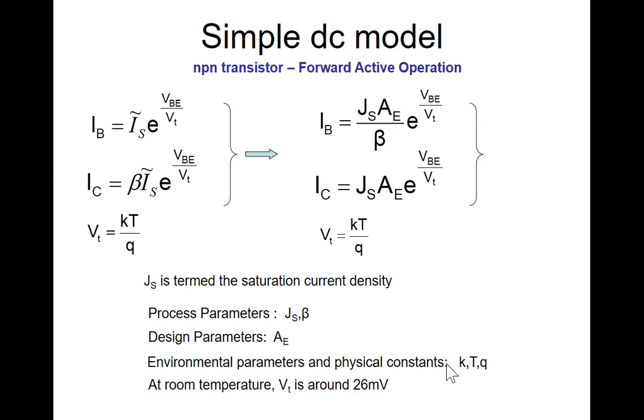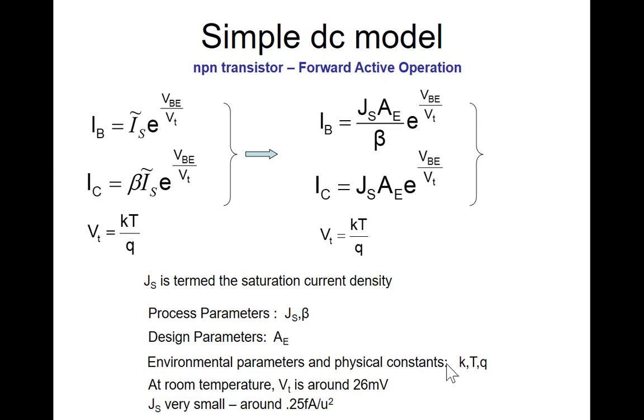At room temperature, we saw before the thermal voltage is about 25 millivolts. JS is very small. It's around 0.25 femtoamps per square micron. Is it so small we can neglect it? If the area is 1 square micron, this would be of the order of magnitude of a femtoamp.